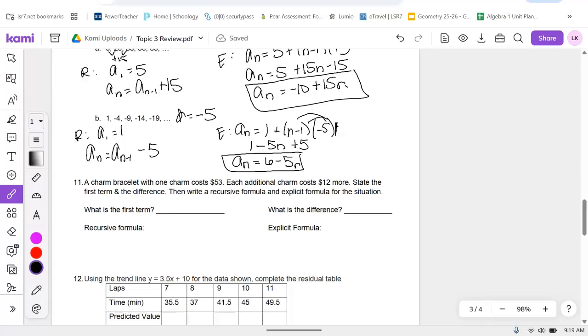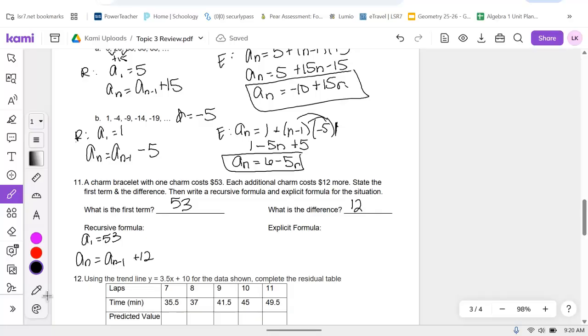A charm bracelet with one charm costs $53. Each additional charm costs $12 more. State the first term and the difference, and write a recursive formula and explicit formula for the situation. So the first term is the $53, and then the difference is $12. So my recursive formula is A1 equals 53, and then I'd have AN equals AN minus 1 plus 12.